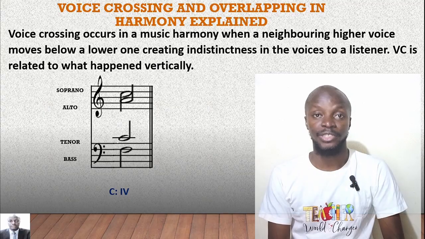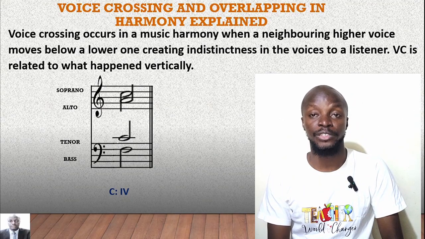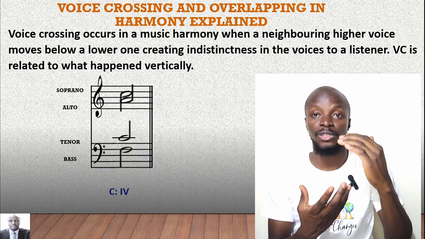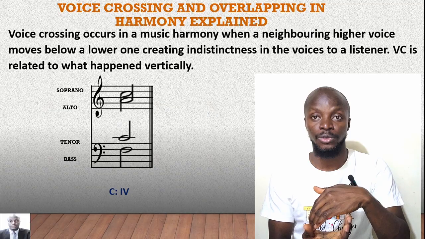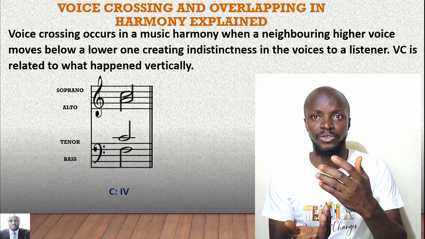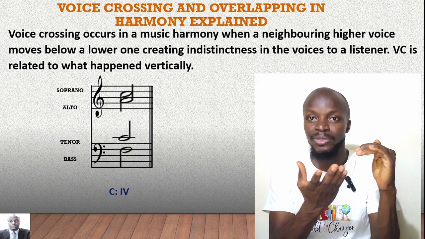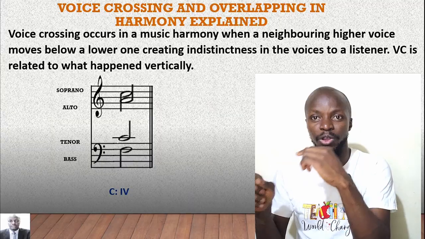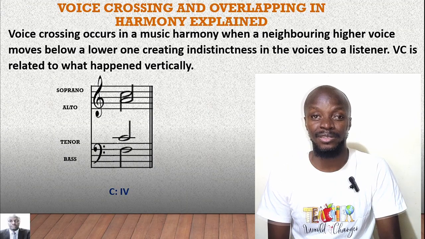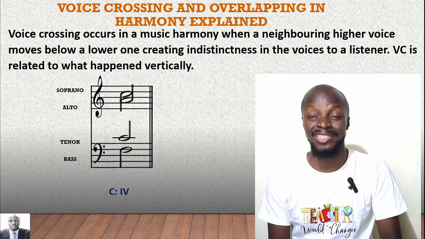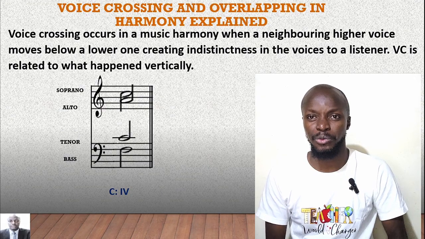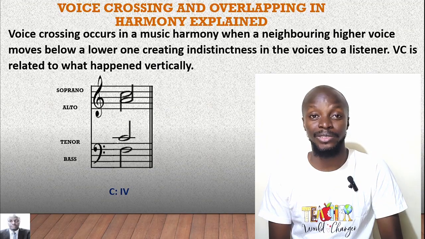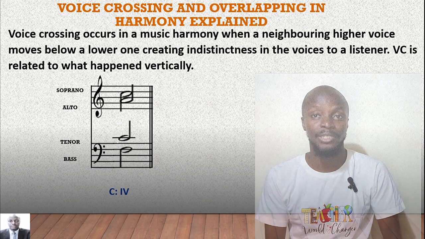So voice crossing literally occurs when a part, for instance, soprano, moves lower than alto, right? And in so doing, you'll see that the melodic line has been interrupted there. So it will cause indefiniteness. It causes ambiguity in the lines, in the voices. So at that point, the flow of the melodic line was interrupted.